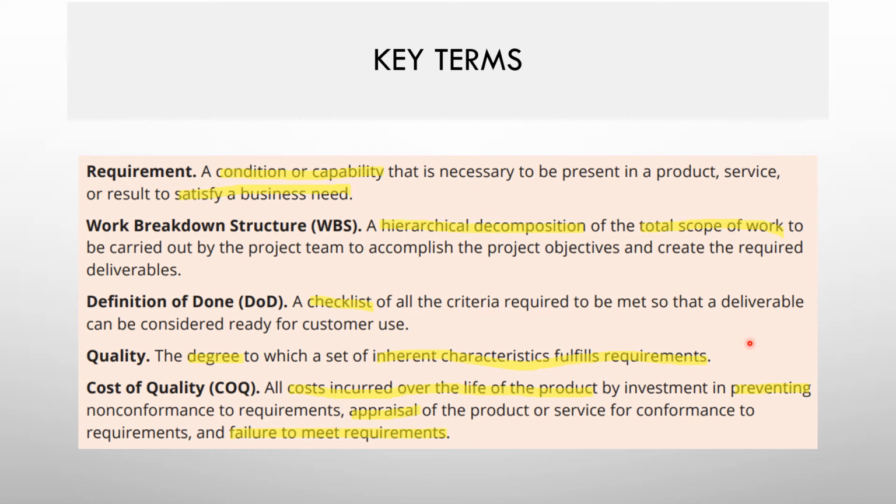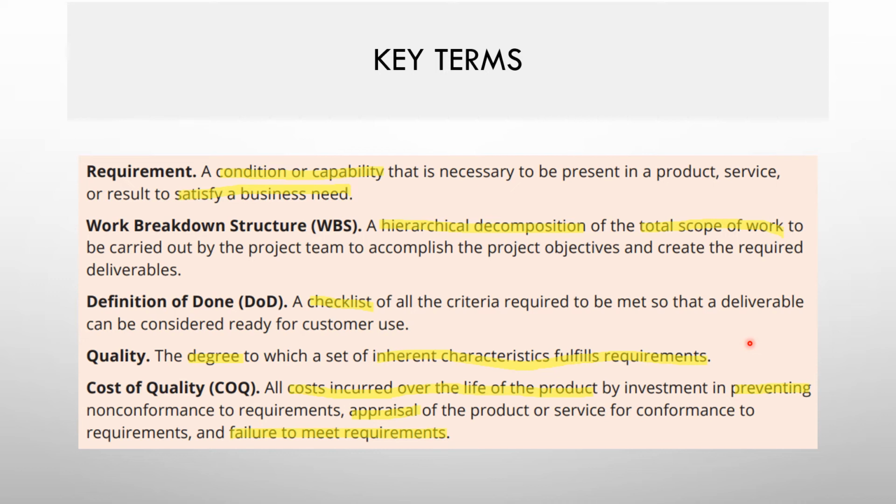Quality is the degree to which a set of inherent characteristics fulfills the requirement. Some examples are durability, scalability, your code coverage, your defect containment. So all those things can be quality parameters.